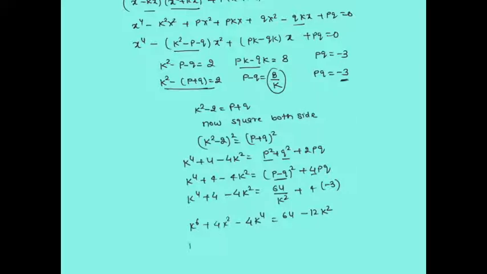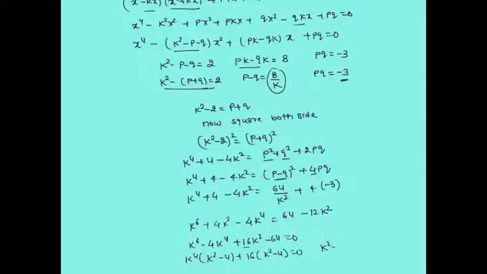So this we can write as k^6 - 4k^4 + 16k^2 - 64 = 0. If I take k^4 common, we get k^2 - 4, plus if I take 16 common, we get k^2 - 4 = 0.